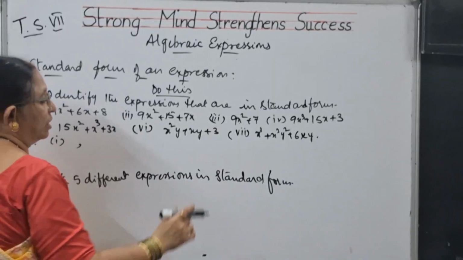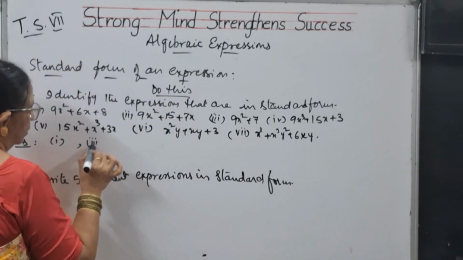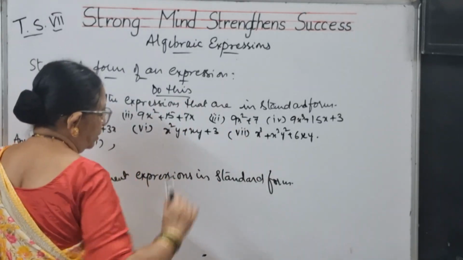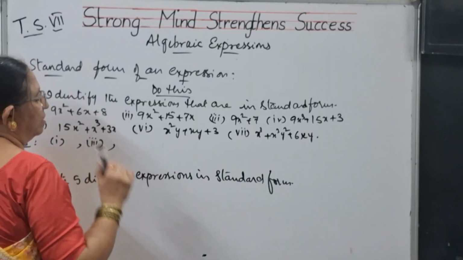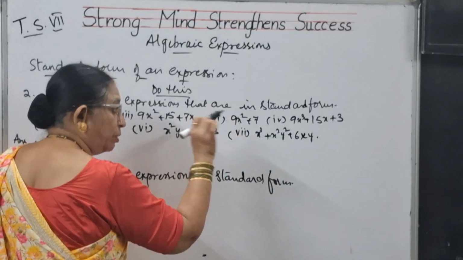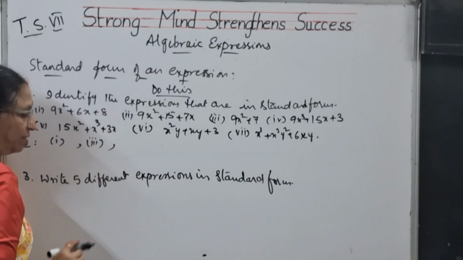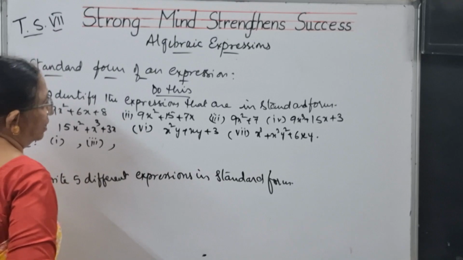Other powers are not there, and the constant element is there and variable is there. It is written in an order only, so it is in standard form. If he would have given 7 plus 9x square, it would not have been in standard form. But now properly it is given, so it is in standard form.